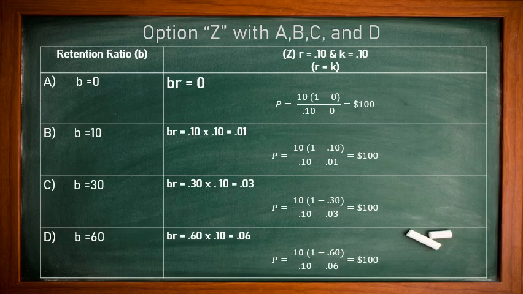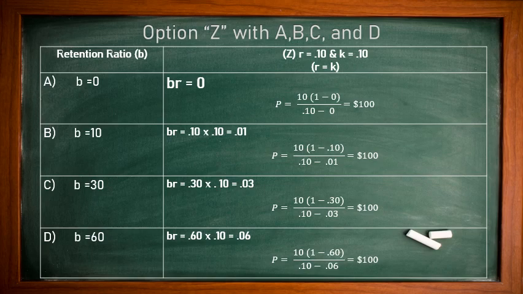After completing option X and option Y, in option Z the required rate of return and cost of capital are both equal, or we can say that R is equal to K. When we observe situations A, B, C and D, meaning 0%, 10%, 30% and 60% retention, we see that the market price of the share is $100 in all four situations.